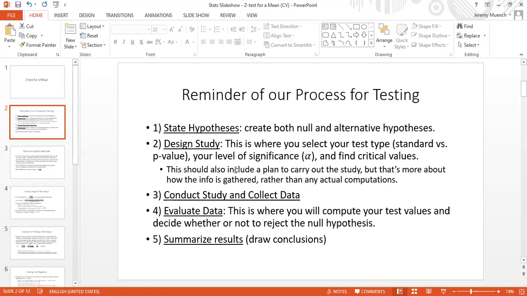That's a discussion for another time. And in conducting a study and collecting data, we've talked about that much earlier in the course. So we've recently discussed steps 1 and 4 here, and we're going to put these into context now and talk about what we mean by step 5, summarizing results or drawing conclusions.